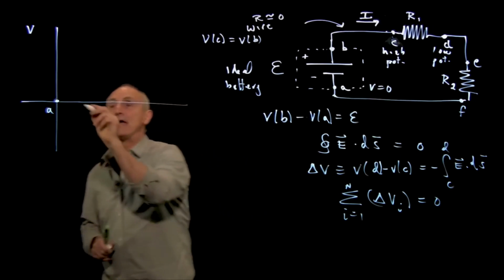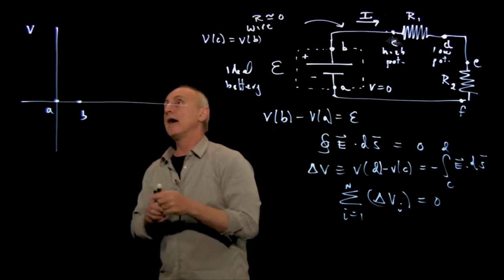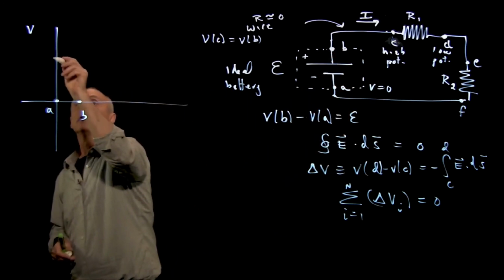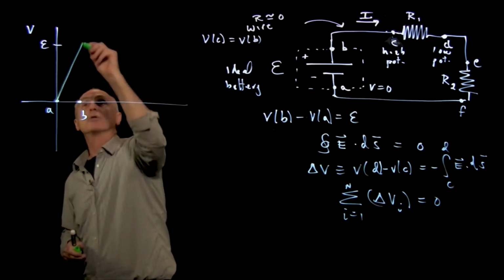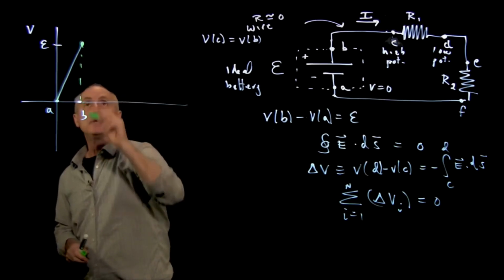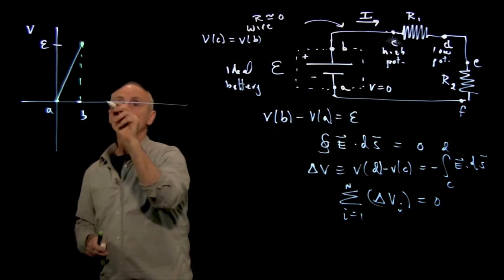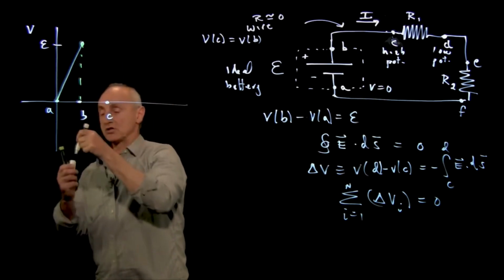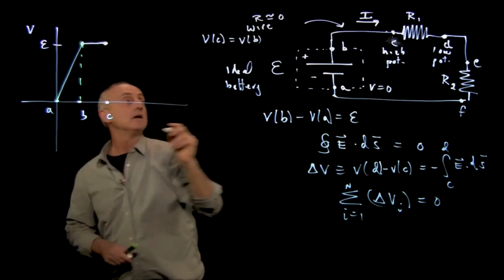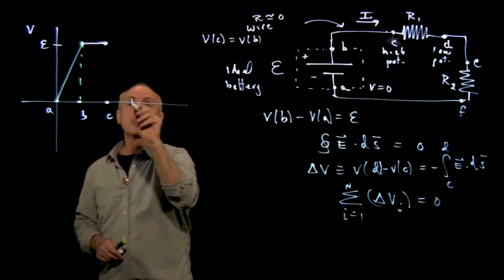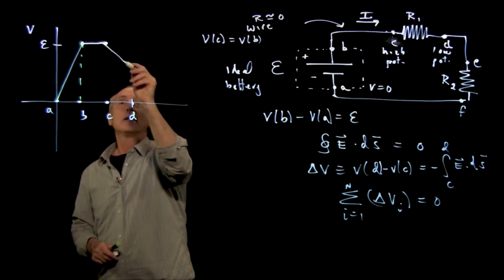And so when we go from A to B, we're crossing the EMF, and our potential is rising to a point E. So we get a potential increase at B. Now as we go from B to C, that's along our resistanceless wire, and the potential stays constant at C. Now when we go from C to D, we're crossing a circuit element, the resistor, and there's a drop in potential here.